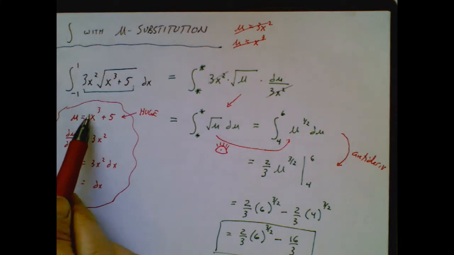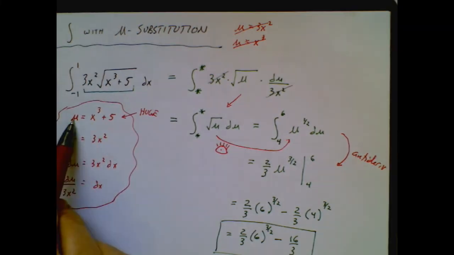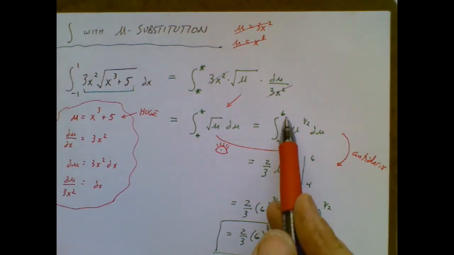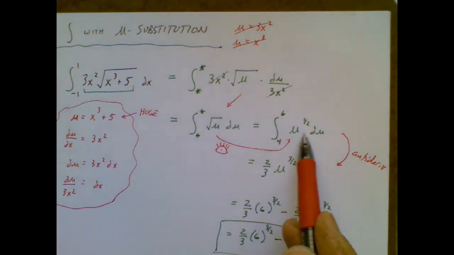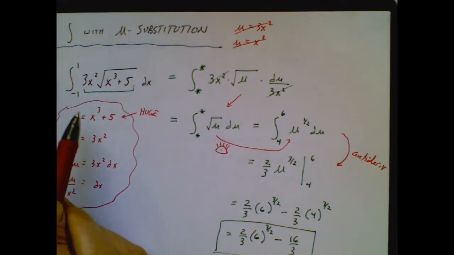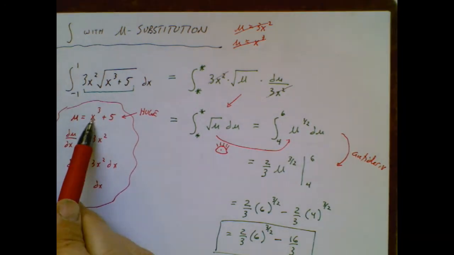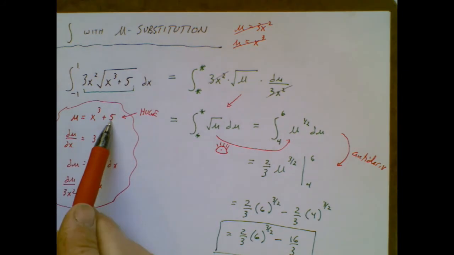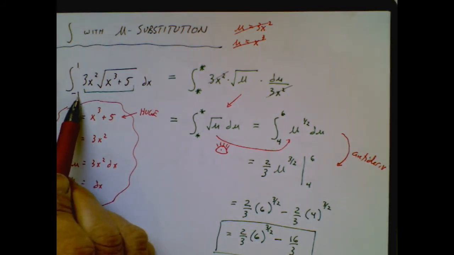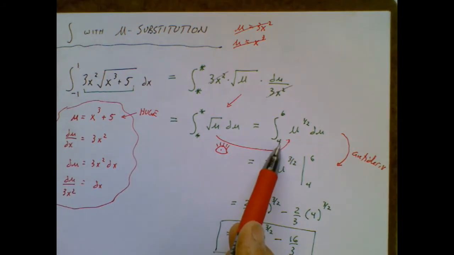In other words, I plug in an x, I get out a u of 6. So what used to be an x equals 1 is now a u equals 6 because I'm in the u world. This is an x of -1. -1 cubed is -1 plus 5 is 4. So the -1 in the x world turns into a 4 in the u world.